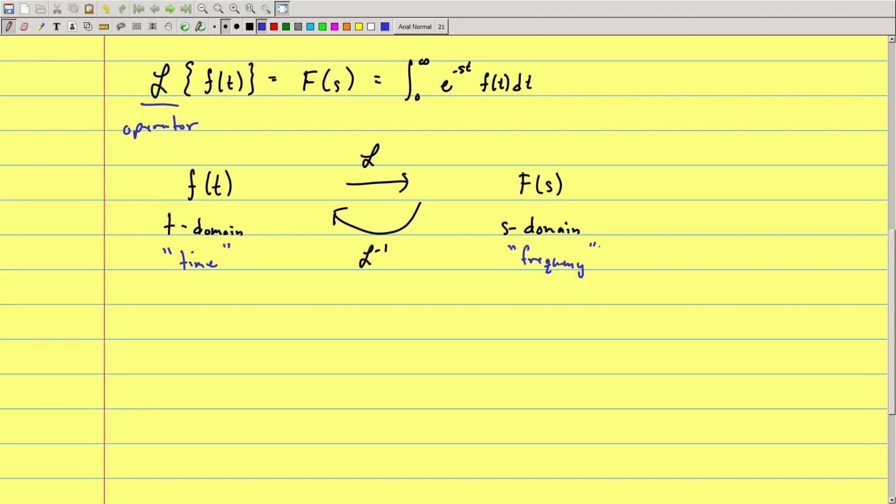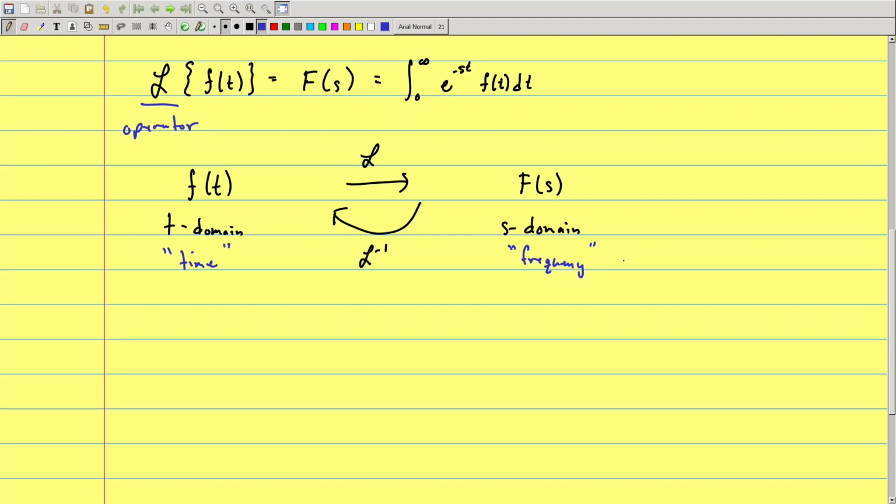This is less common in the language of Laplace transforms than it is in the language of Fourier transforms. In Fourier transforms, it is definitely the case where after you perform the integral transform, you are in the frequency domain. Here, I'll just refer to them as the t and s domains so that we can be clear about which space we're talking about.